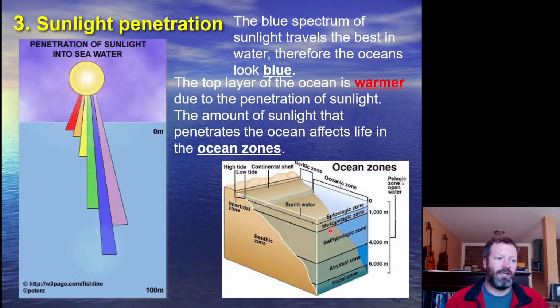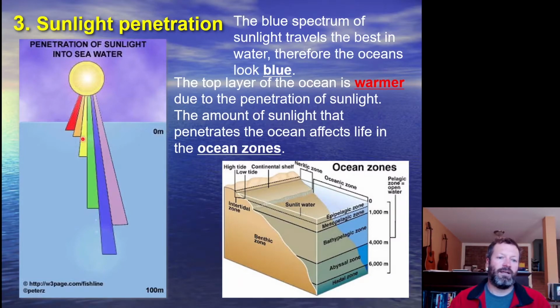So when you get past the mesopelagic zone, into the bathypelagic and abyssal and hadal zones, there is no light whatsoever. The reason the oceans appear blue is because blue light travels farthest in water, while the other wavelengths of light filter out, and all you're left with is blue.